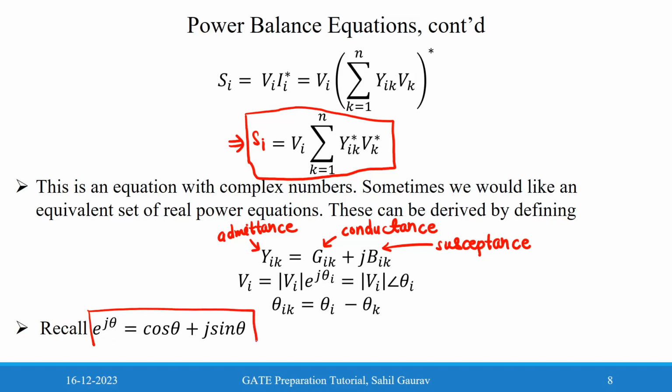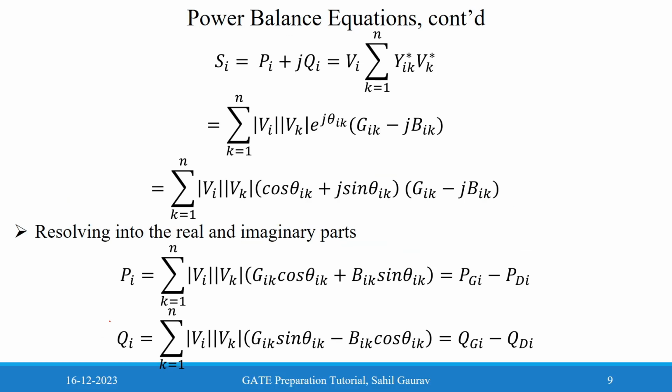We are going to use this expression also. So on substituting all these values, S_i is equal to P_i plus jQ_i. So V_i times Y_ik conjugate V_k conjugate, we all know that.